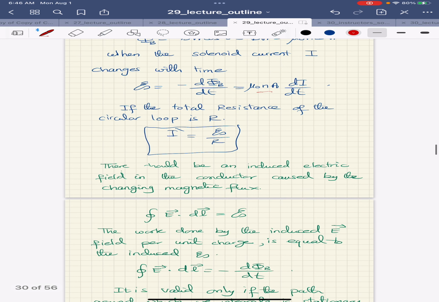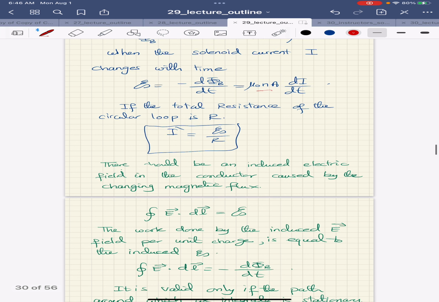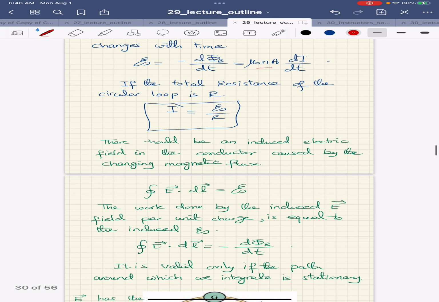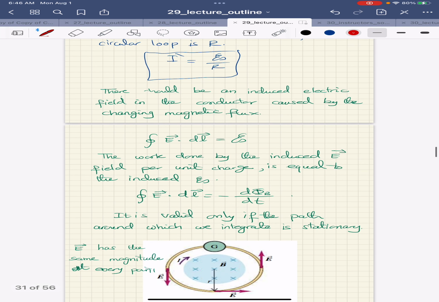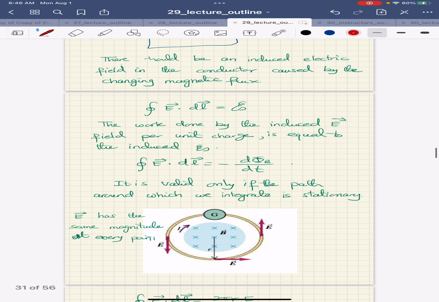We know that the work done by the induced EMF is equal to the induced EMF, and therefore we can write that the integral of E dot dl equals negative d Phi B over dt. This is valid only if the path around which we integrate is stationary, with no motion.